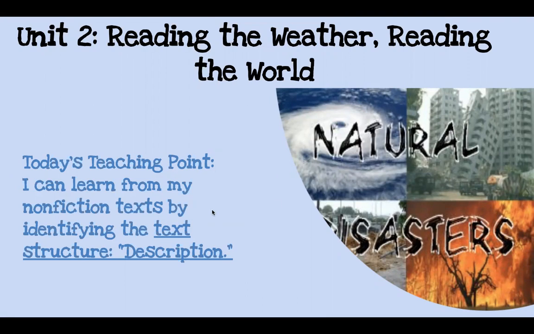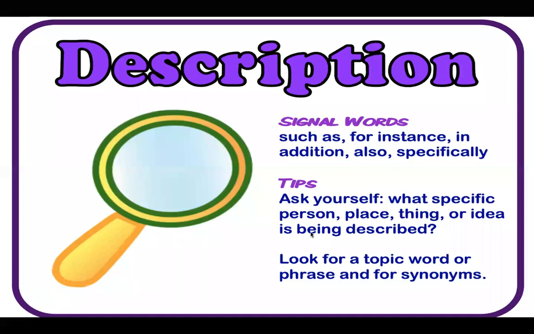So today's teaching point is that we can learn from nonfiction text by identifying the text structure description. Our focus today is description. You might remember from the last lesson that description is literally describing something, a nonfiction text about a certain thing that it teaches you about. Some signal words that you might see in description text are things like such as, for instance, in addition, also, specifically.